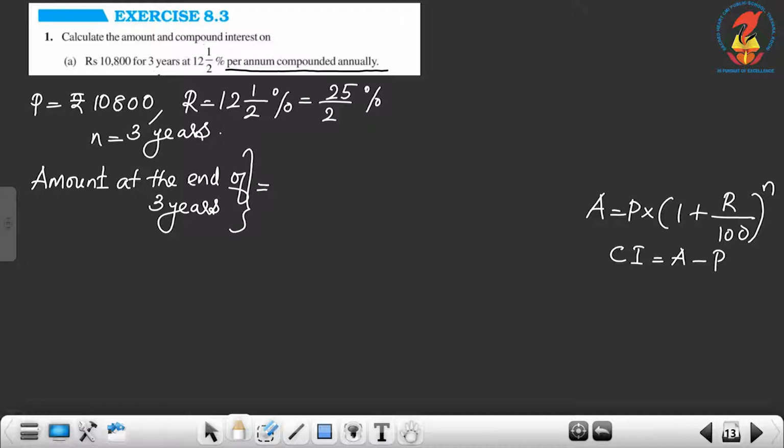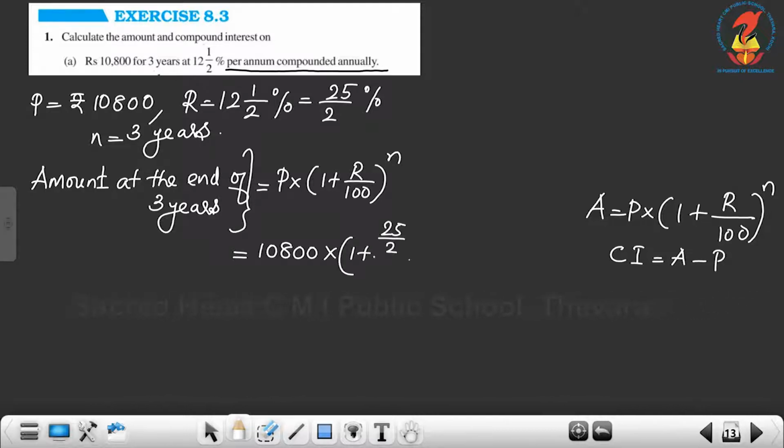equal to, write down the formula, P into 1 plus R by 100 whole raised to n, equal to 10,800 into 1 plus 25/2 divided by 100 whole raised to 3.